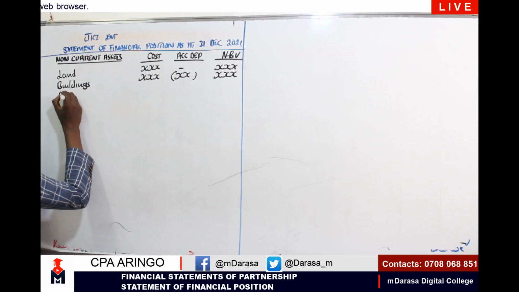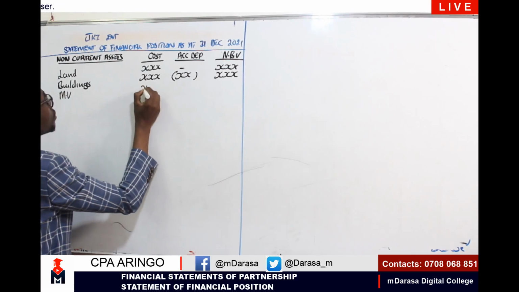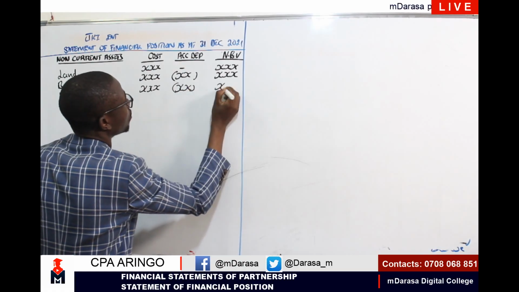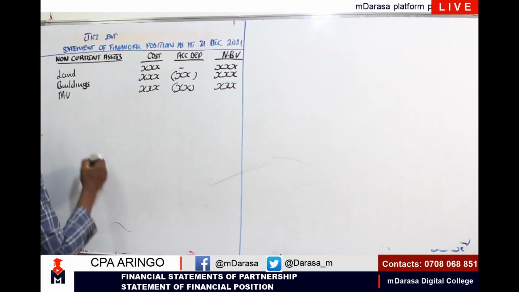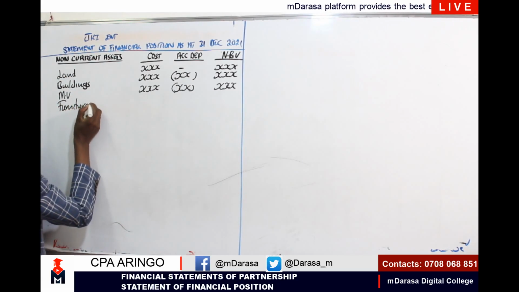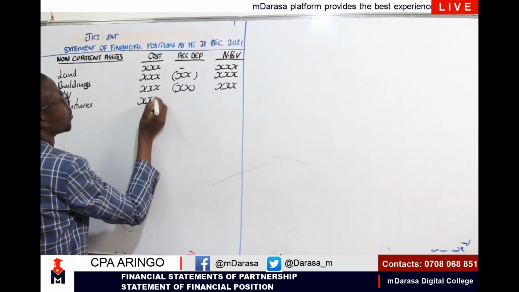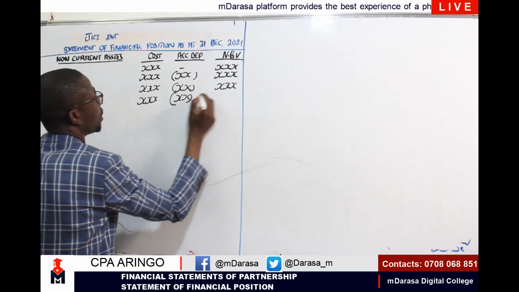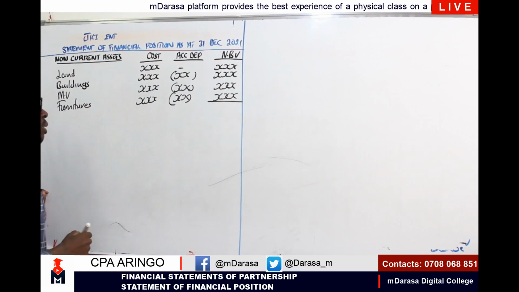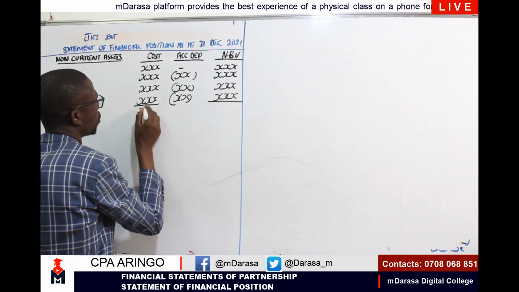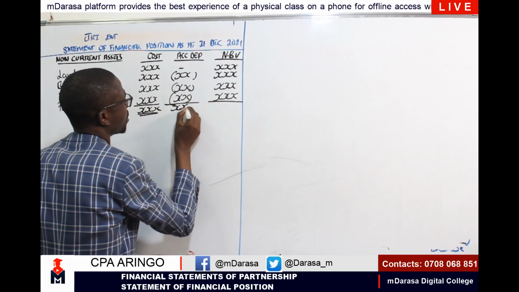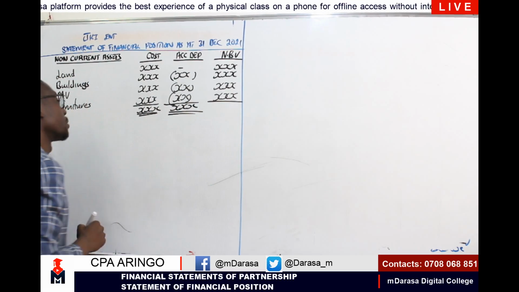Talk about motor vehicles, furniture, and any other non-current asset that you could be having. You are going to close this, and that's why you're having a double line.